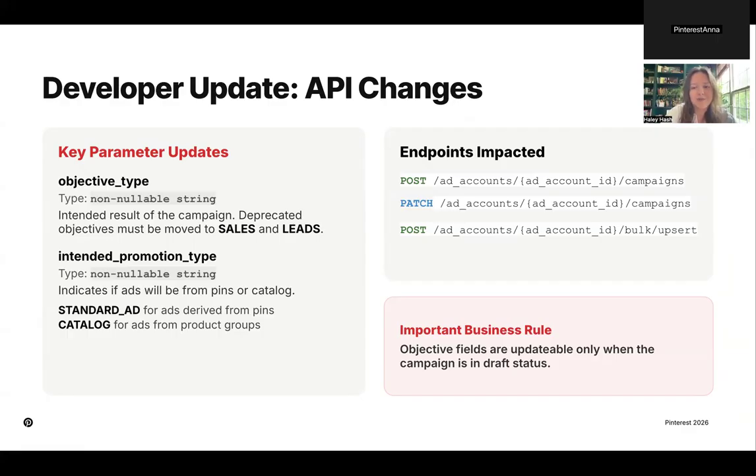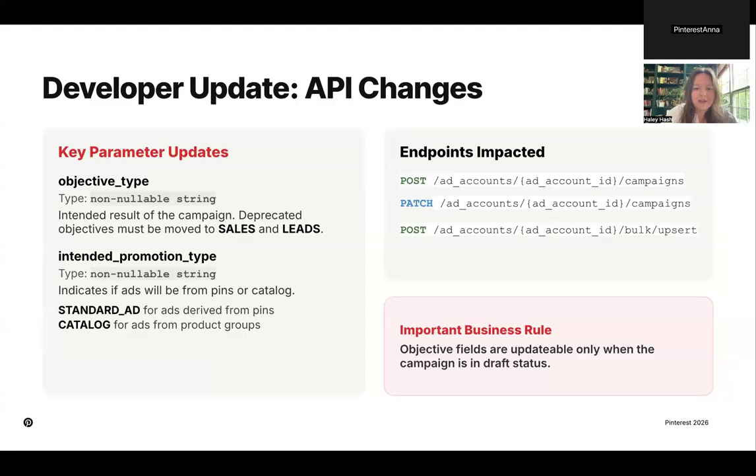This is your new home for those sales and leads objectives. Second is the intended promotion type. This is where you will select either the standard ad or catalog. It's basically your way of telling the system, hey, I'm using pins today, or it's catalog time.